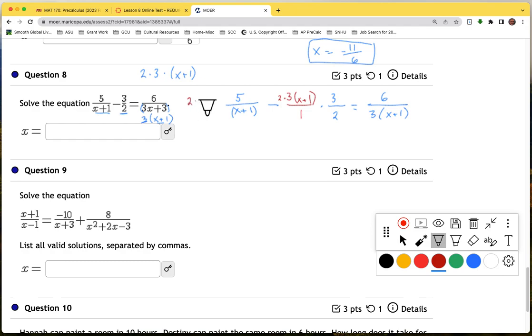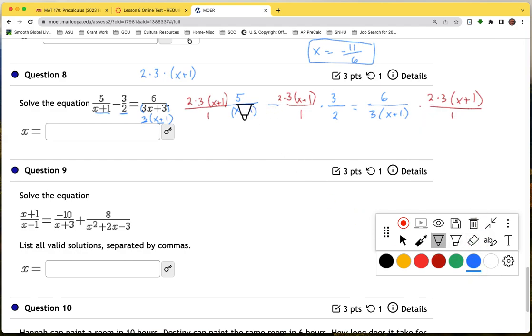So I'm going to multiply this by 2. And this works because we have an equation, and so we can multiply both sides by the same thing. So it's a little different than multiplying everything by 1. We're multiplying both sides of an equation by the same thing. Okay, and the reason we're going to do this, you're going to see we'll be left with no fractions.